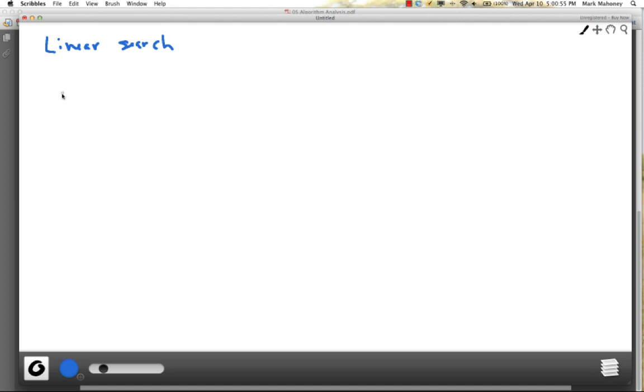If not, we'll know that it's not there. So linear search looks something like this. This is searching through n items in an array.